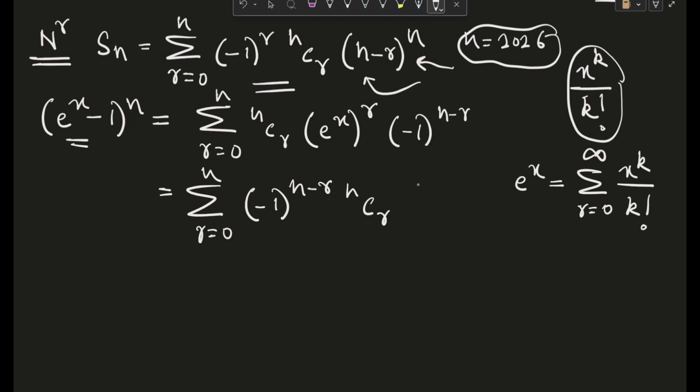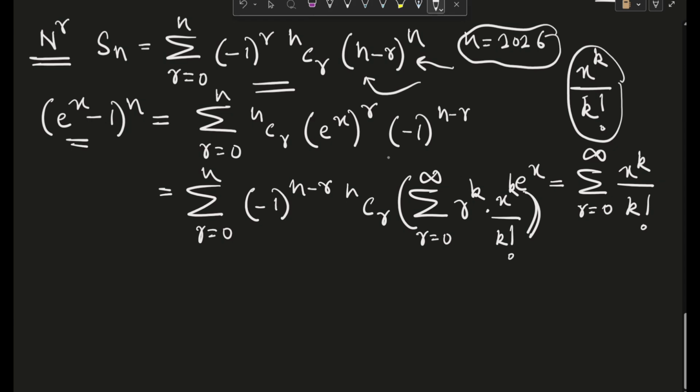So we can write this as sigma r equals 0 to infinity r power k into x power k by k factorial. This is what we have after putting. Now a little bit of confusion might arise here: why did I write e power x whole power r as this? I will explain it explicitly. e power x power r can be written as e power rx.